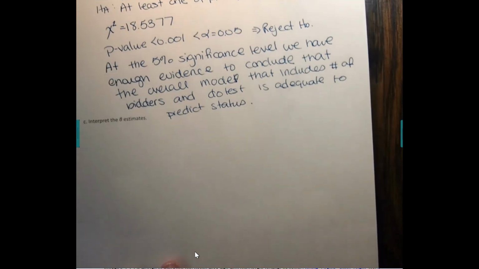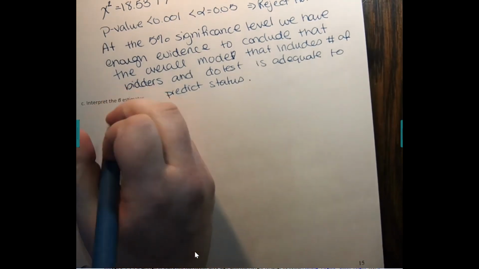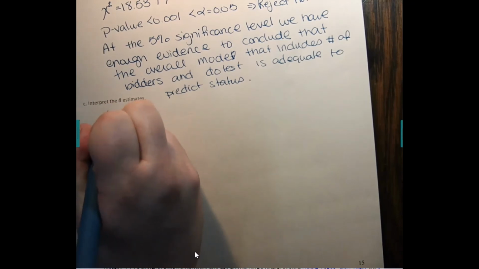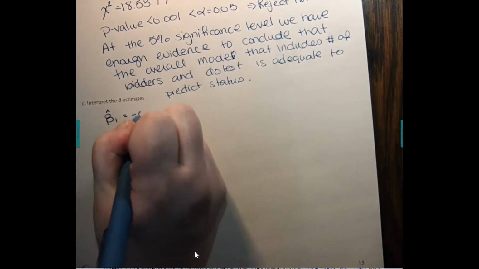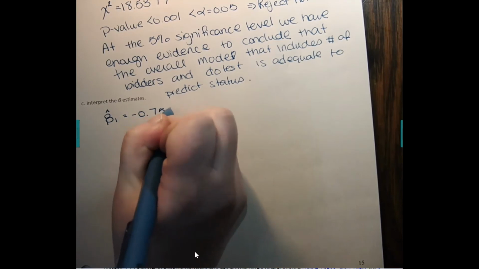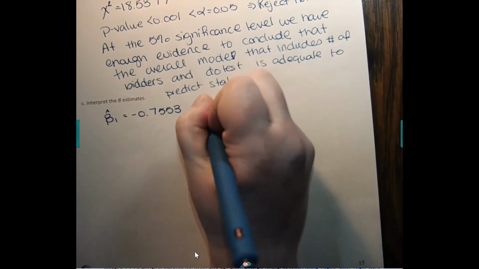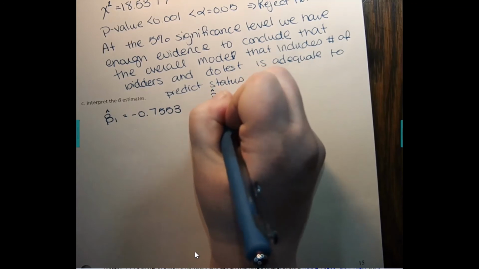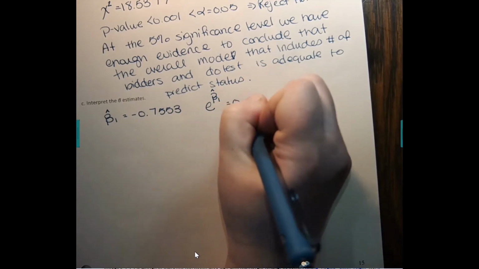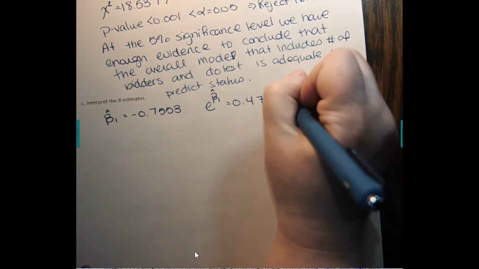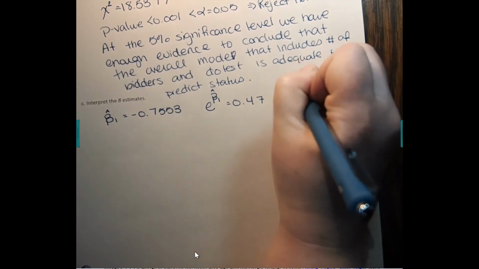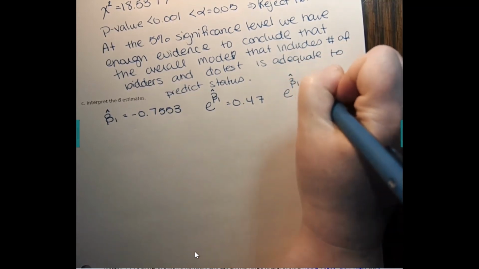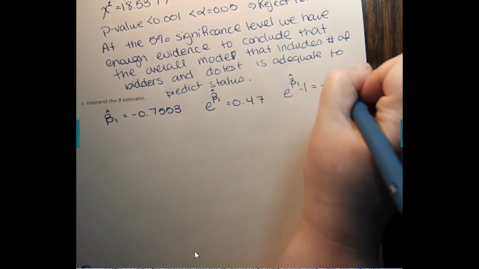Now we can interpret our beta estimates. Recall that beta hat 1 was equal to negative 0.7553. If we look at e to the beta hat 1, that's equal to 0.47, and then e to the beta hat 1 minus 1 is equal to negative 0.53.